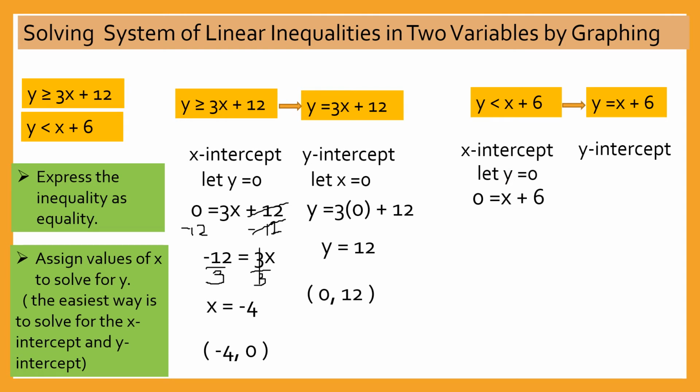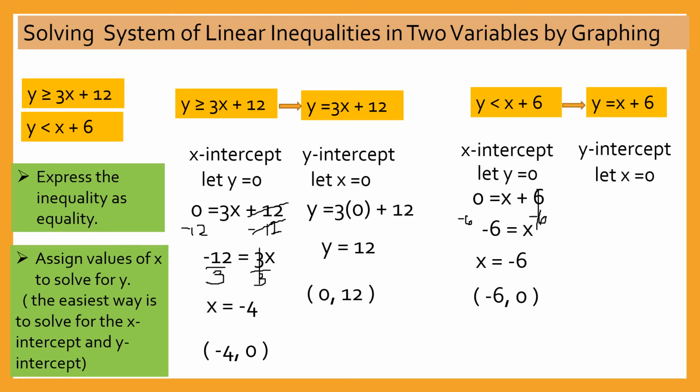And then isolate x. So it means we need to add negative 6 on both sides of the equation. So this will become 0. So x now is equal to negative 6. Okay? Now, the point now is negative 6, 0.